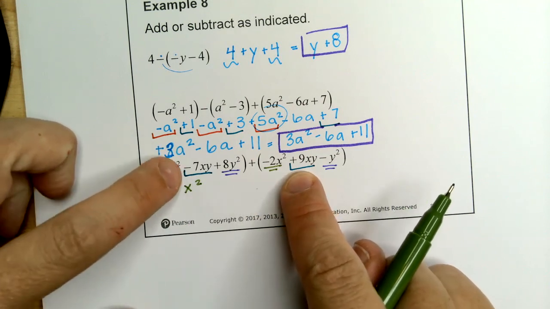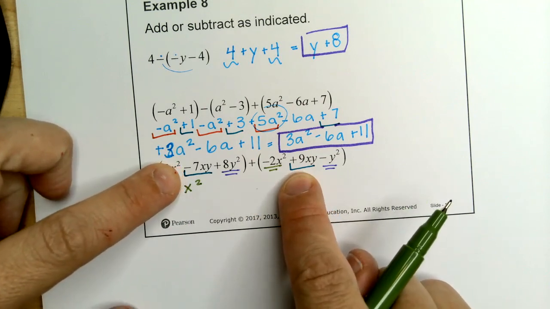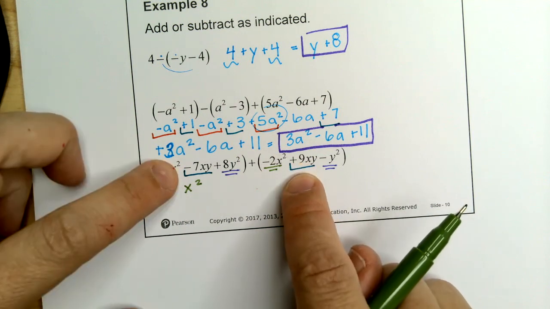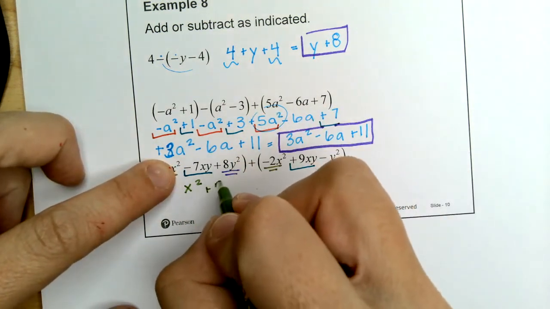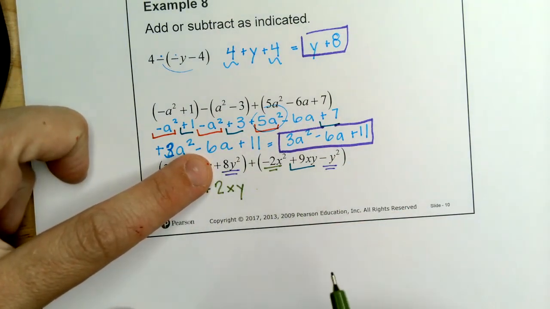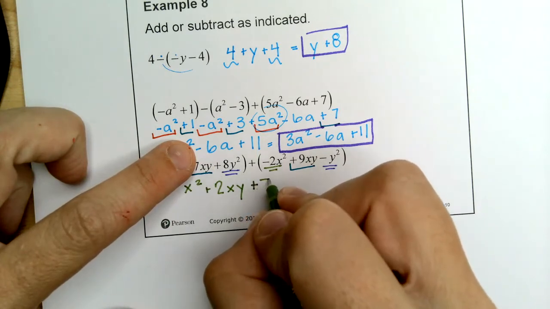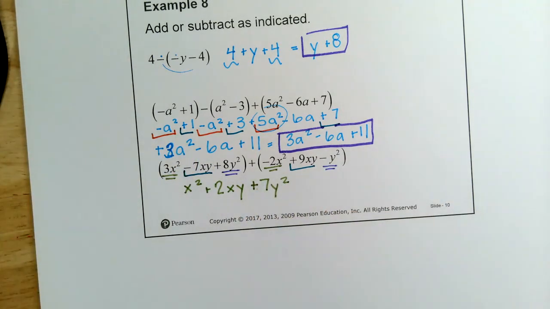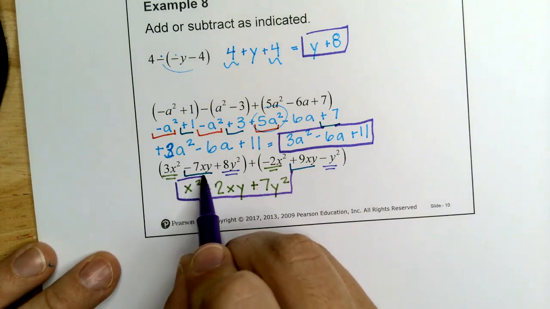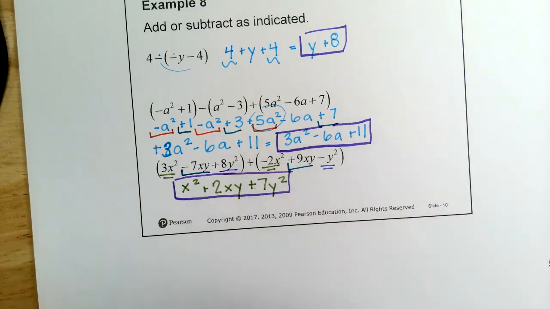Negative 7 plus 9, or you could think of it as 9 minus 7, gives you 2xy. And then this one is 8 minus 1, positive 7. So we have x squared plus 2xy plus 7y squared. And that is as simple as we can get it. So this is just adding and subtracting terms of a polynomial.